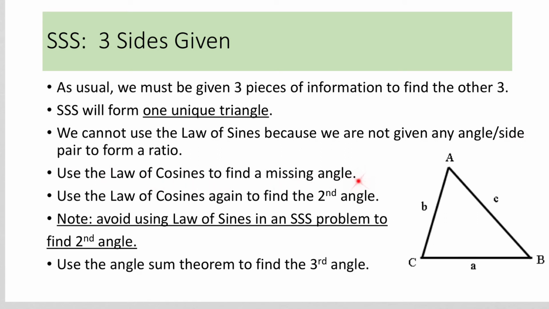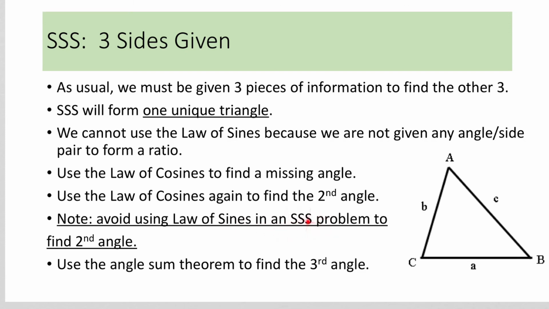So we use the law of cosines to find the first missing angle, so we'd have to use inverse cosine again. Then we'll use the law of cosines again to find the second missing angle. I'm going to make a note here: avoid the temptation to use the law of sines, which is a shorter calculation.